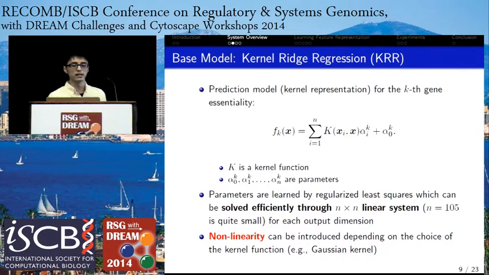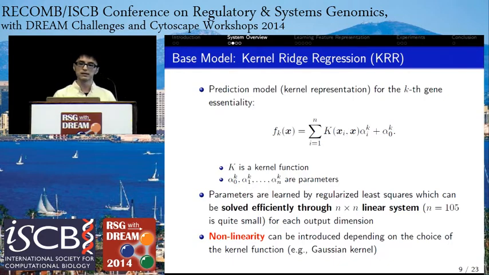This equation is a linear combination of the kernel function k, combined by the parameters alpha. These parameters can be learned by standard regularized least squares using a quite small linear system. Also, non-linearity can be incorporated depending on the choice of the kernel function, for example, the famous Gaussian kernel.